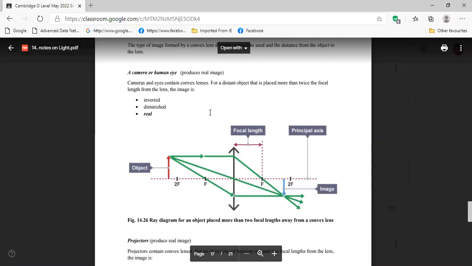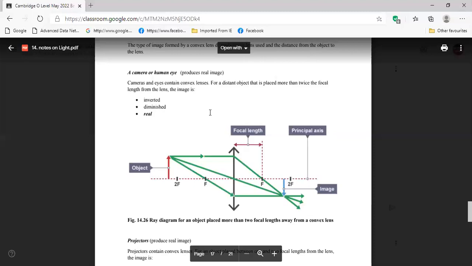Why is it called real image? Because it's showing on the screen. Very good. So the screen is our retina, right? In our eye, the screen is retina.